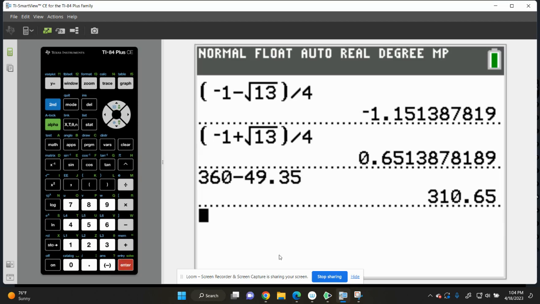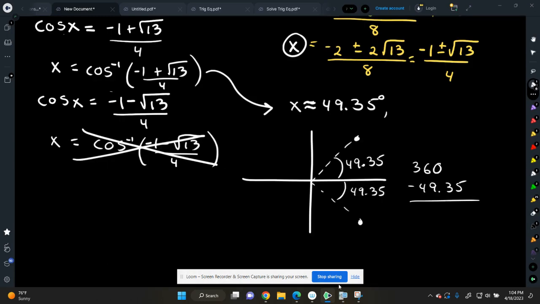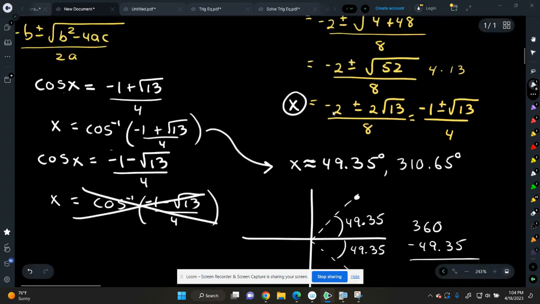So we get 310.65. Okay. So you have to pay attention to what you're solving for.